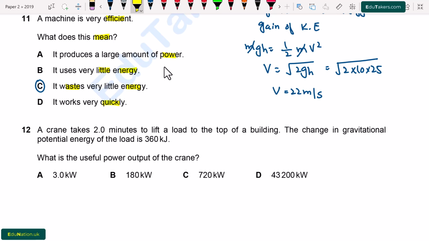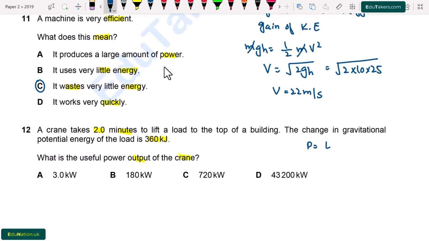Question number 12. A crane takes 2.0 minutes to lift a load to the top of a building. The change in gravitational potential energy of the load is 360 kilojoules. What is the useful power output of the crane? So here we have to find power when the time and energy are given.